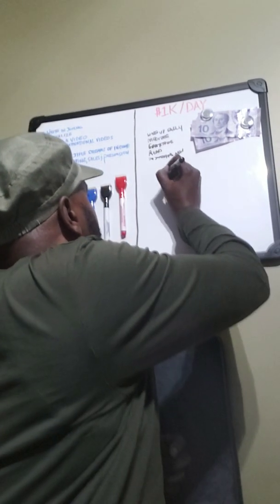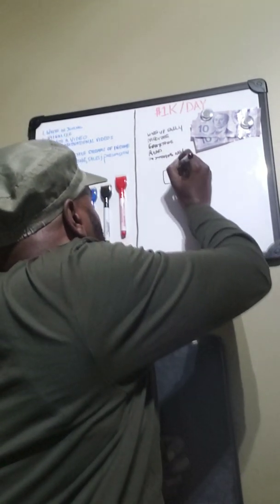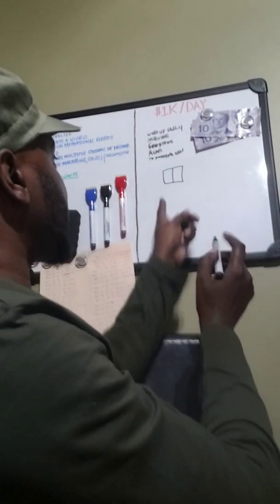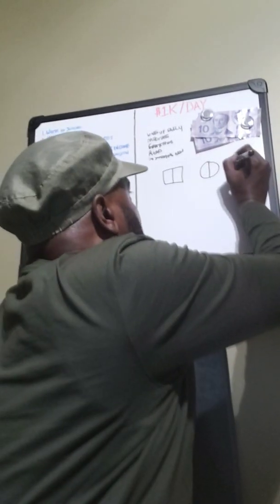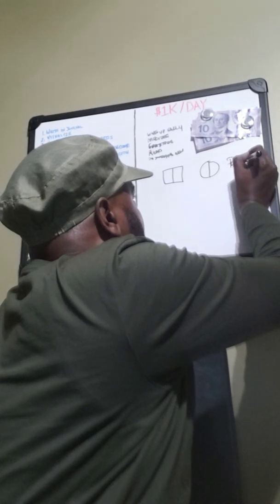Okay, let's go. So it's inherited through your parents, your mother and your father. So this will be the mother. This is the father. Okay, that's your parents.